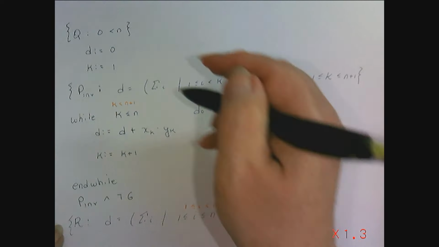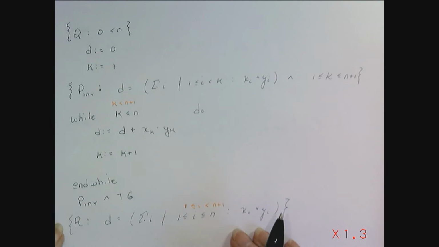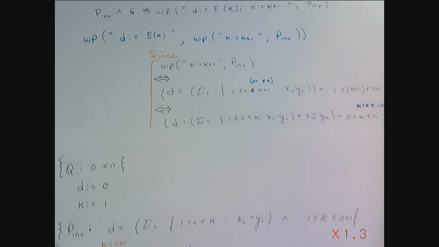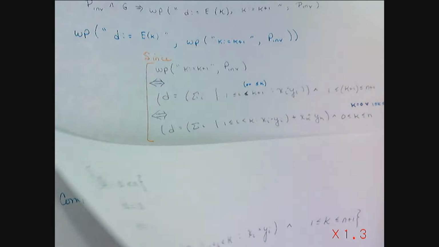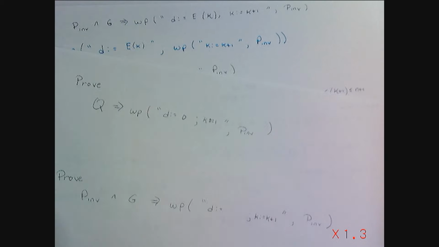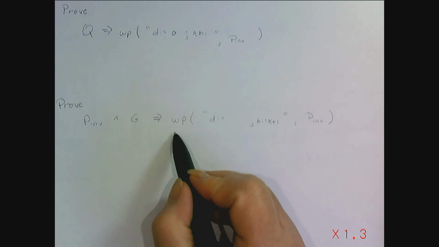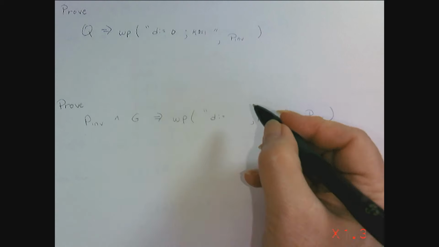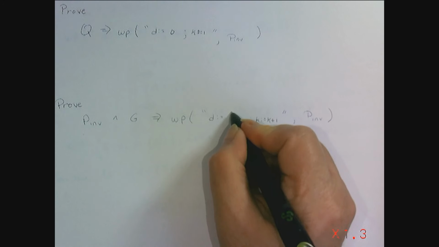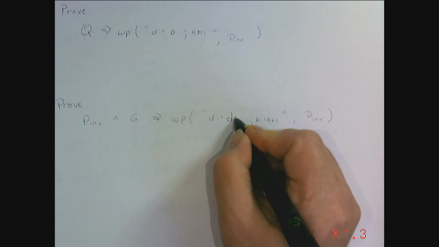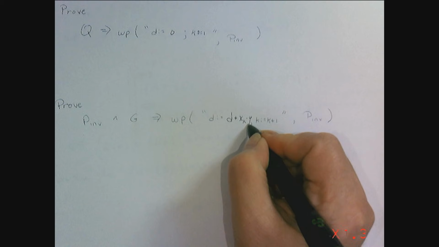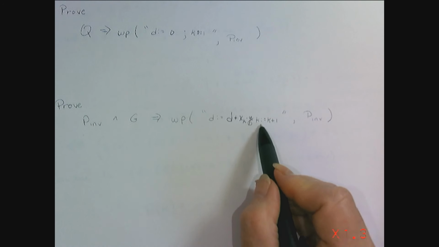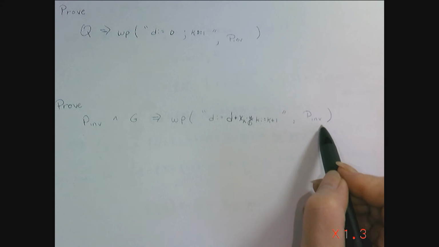Now, this is my program segment. To show that it actually holds, what I would need to do is to prove that the invariant and the guard imply the weakest precondition of d becomes d plus xk times y sub k, followed by k becomes k plus 1 invariant.